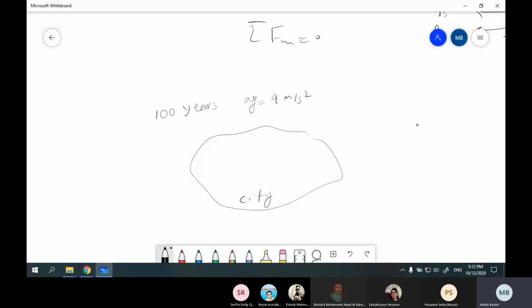For example, you want to design a building like this. You have the dimensions, and you know you're going to use concrete, steel or whatever.